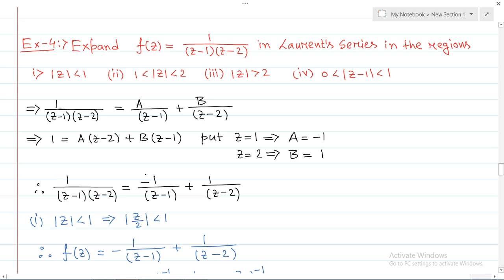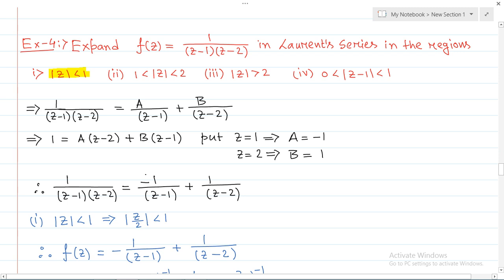Now let us come to some problems of the Laurent series. This is very important and vital, and from here also we are going to get some difficult types of scenarios in the complex plane. First of all, we have one function, 1 upon z minus 1, z minus 2. We have to find the Laurent series expansion for the regions.